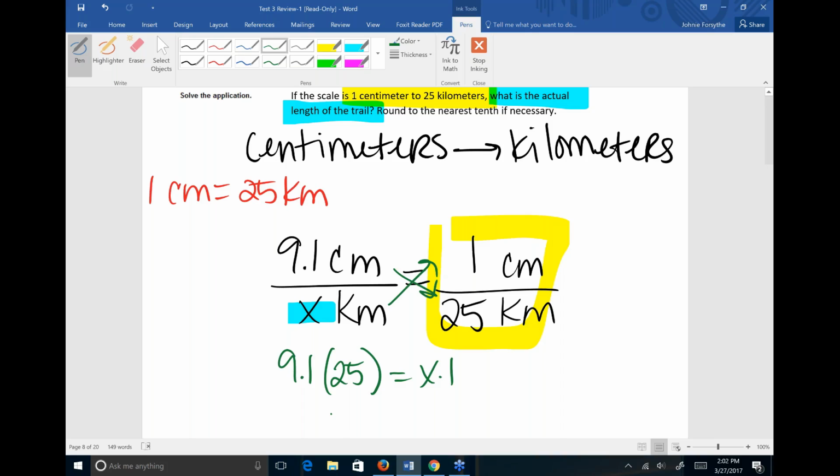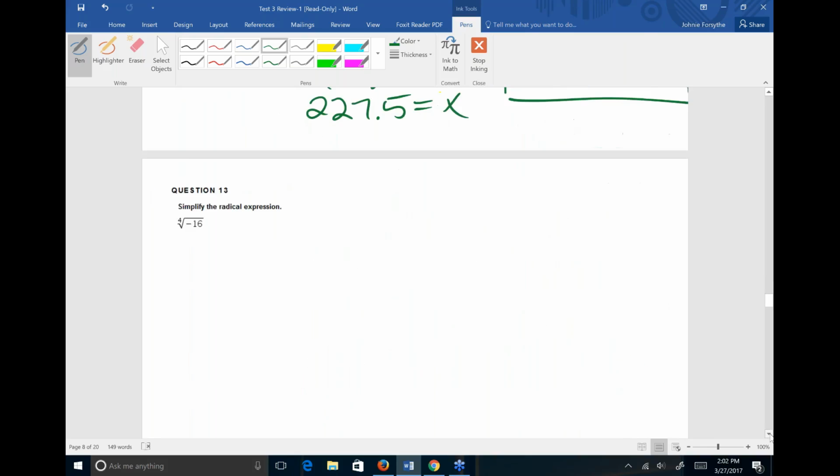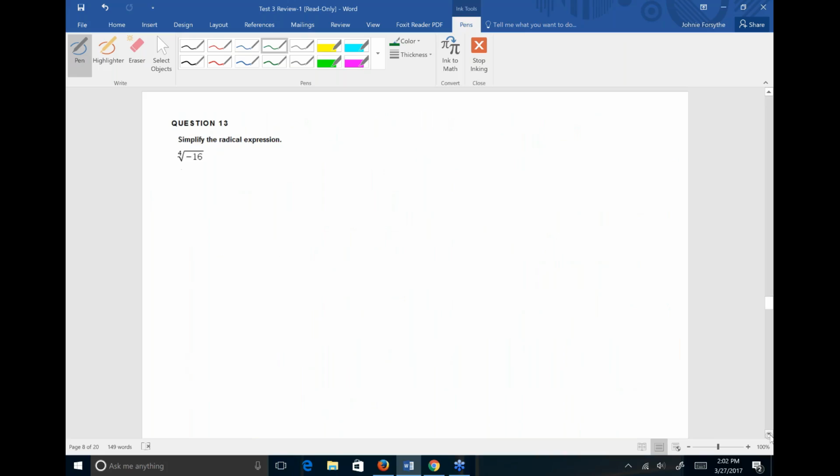And you can use your calculator to do 9.1 times 25, and you would get 227.5 equals x. And it says round to the nearest tenth, and that's actually the entire answer. And we're going to use our proper units. This is going to be 227.5 kilometers.